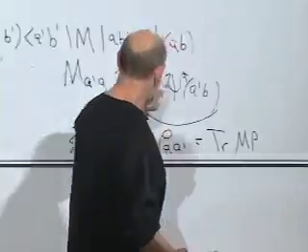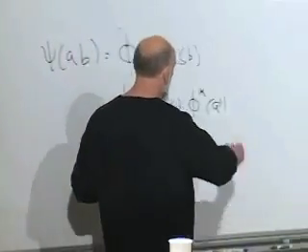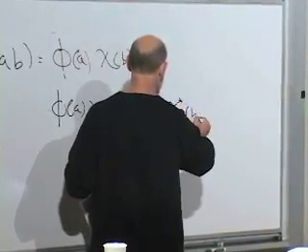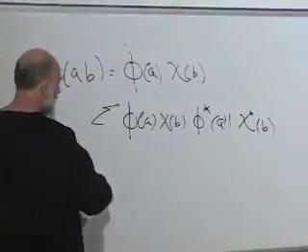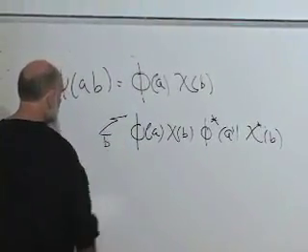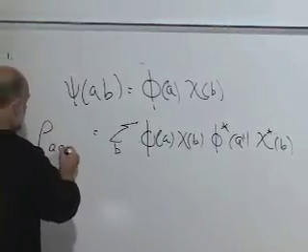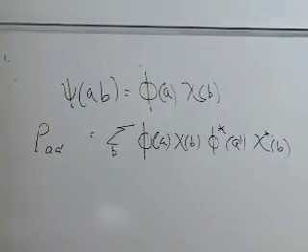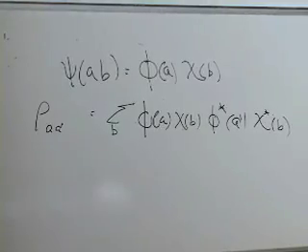We have A and A prime, but B goes with B, times chi of B, chi star of B, summed over B. That's the density matrix rho A prime. Same formula, except I've substituted for psi the product.